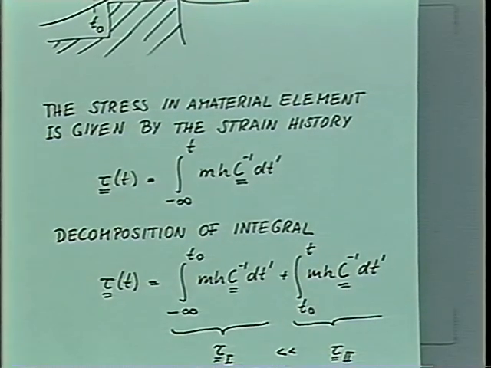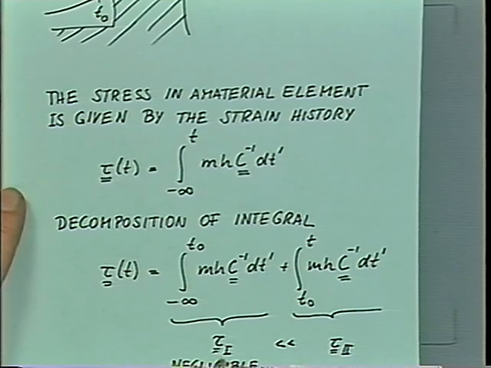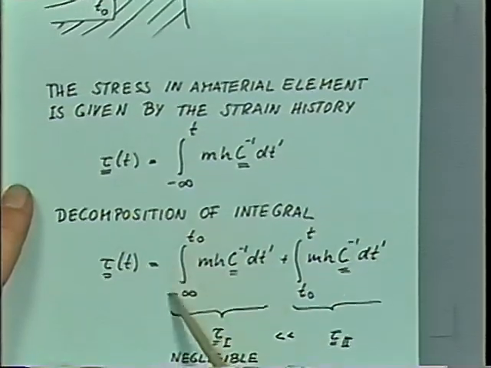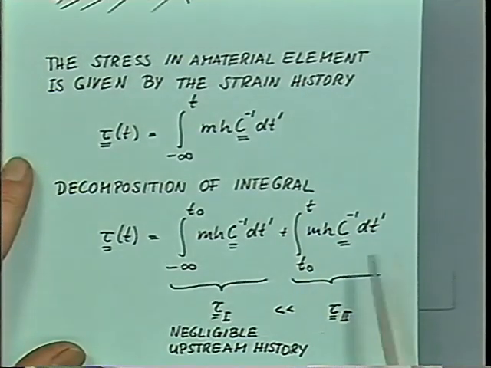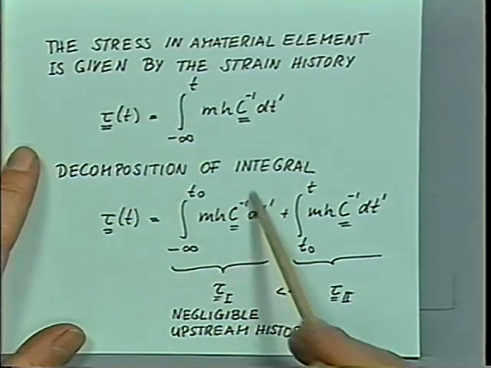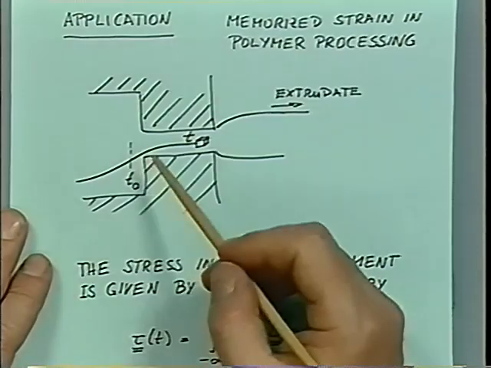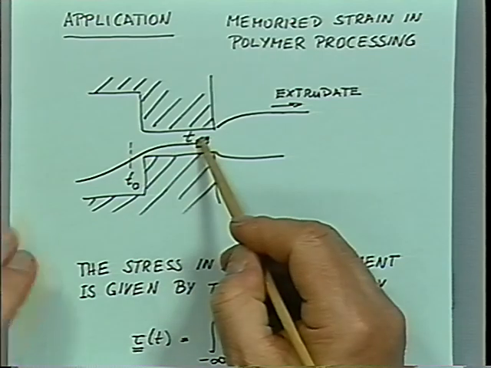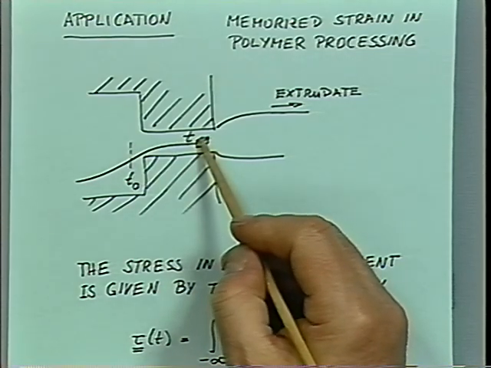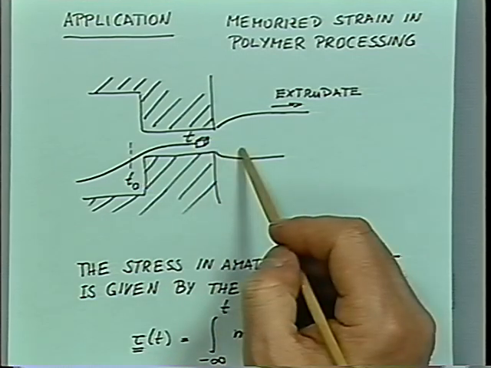We will pick this instant t0 such that the first stress contribution is much, much smaller than the second stress contribution, so that we can neglect this part of our strain history. We could say that the strain history from t0 on to t determines the instantaneous molecular orientation of a material element in the die or later on in the extrudate.